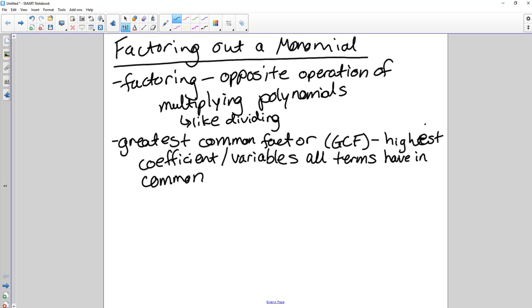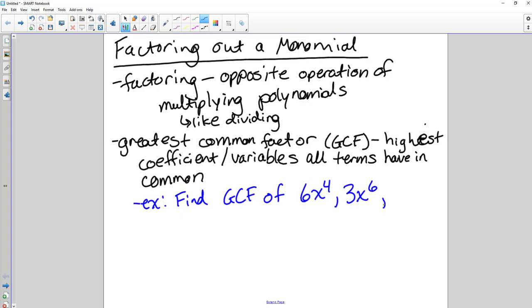So let's do an example of just this first. If you're asked to find the GCF of 6x to the fourth, 3x to the sixth, and 9x squared, looking at these, if we look at 6, 3, and 9 first, the greatest common factor of the numbers is what you can pull out of each of them.